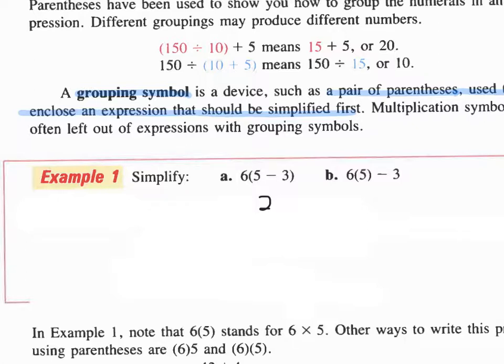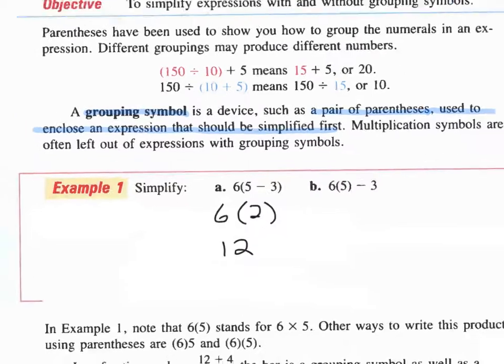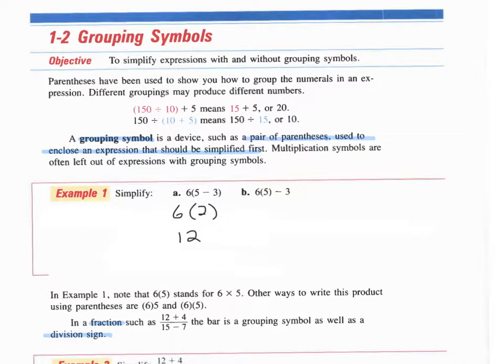So the parentheses should always be simplified first. And we're going to do the 5 minus 3 first, and then we're going to multiply it by the 6. Okay, now notice on example B there, the 5's in parentheses. Again, yesterday I told you that a lot of times we're not going to see the X to represent multiplication.